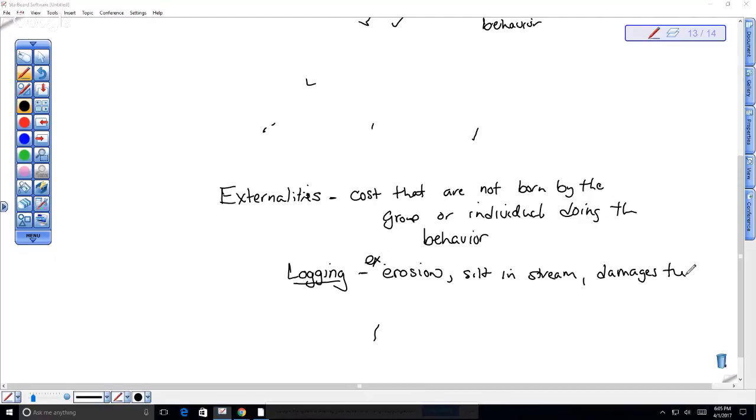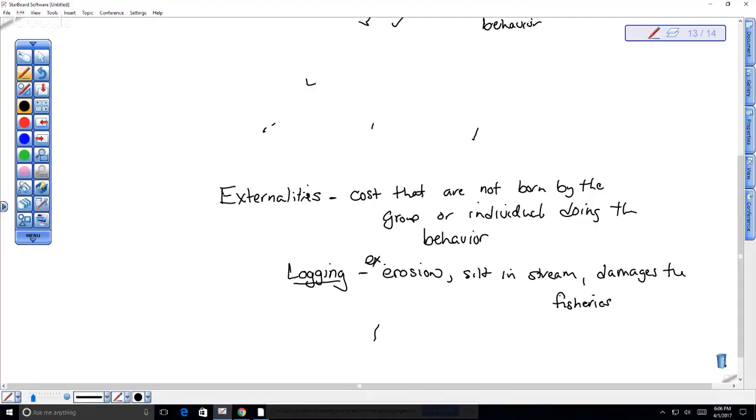So maybe it damages the fisheries, right? And oftentimes, this is not a cost that is borne by a logging company to go in and log. Another cost would be, for example, they are decreasing the ability of the planet to absorb CO2 because they're removing the forest.